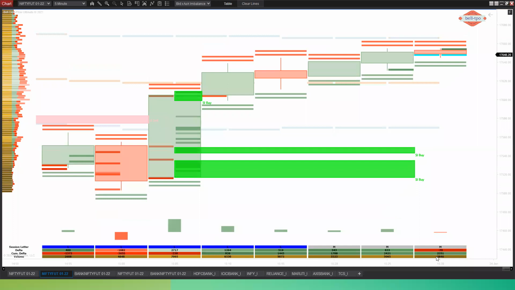Probably from the order flow, I'm seeing that cumulative delta is positive. Obviously, short-term traders will always be on the opposite side of cumulative delta. That is like 2,351 selling on the opposite side.